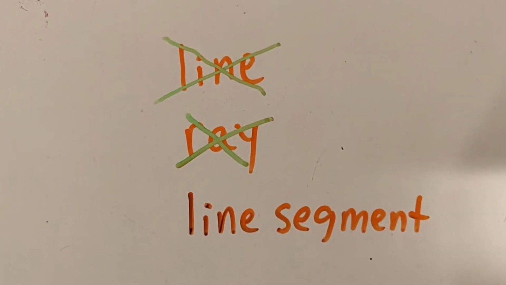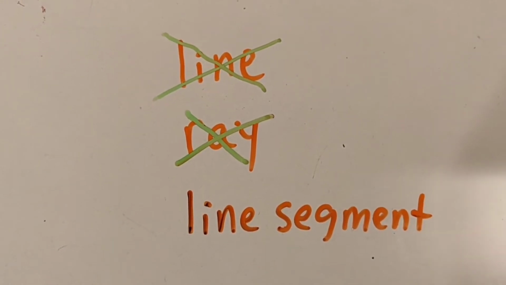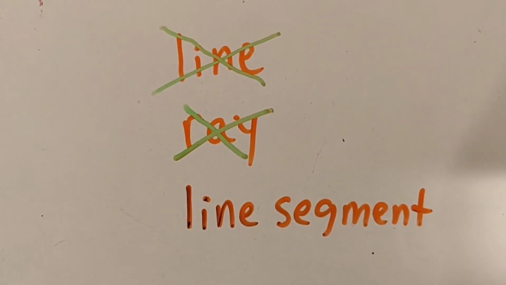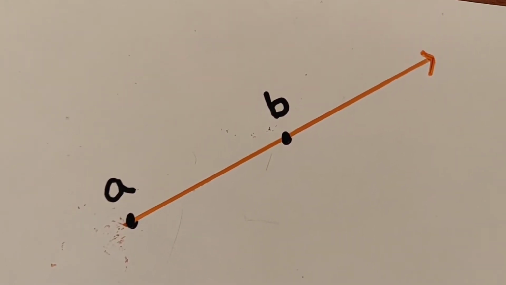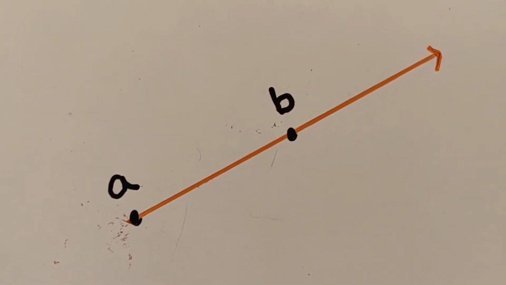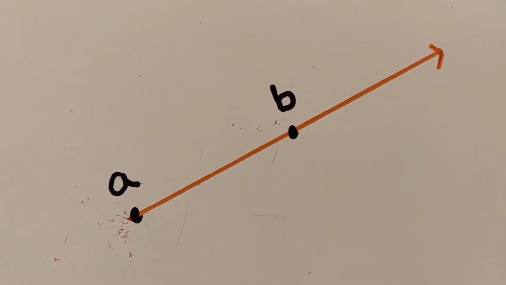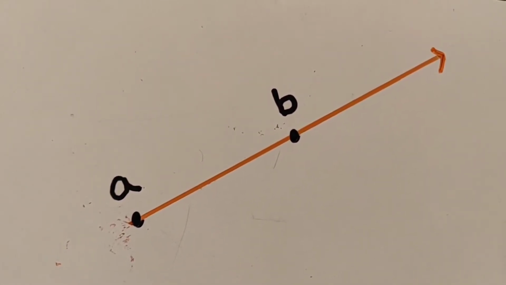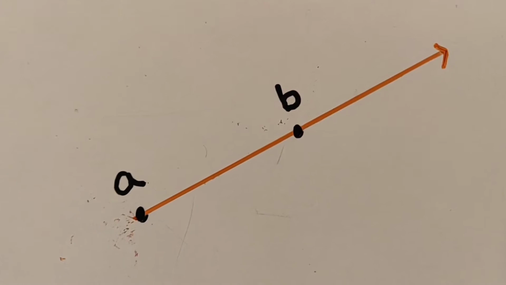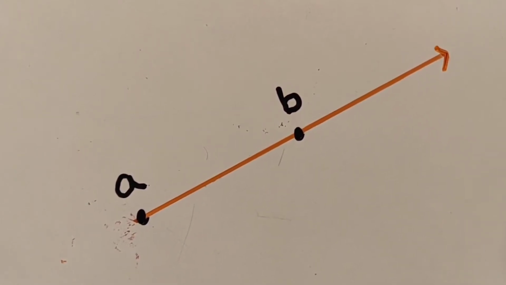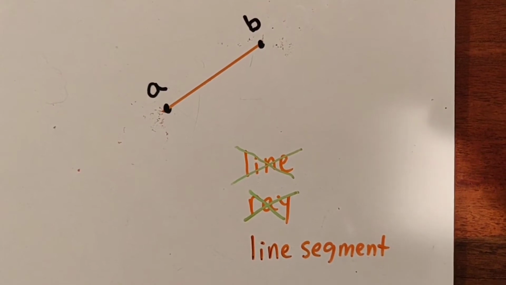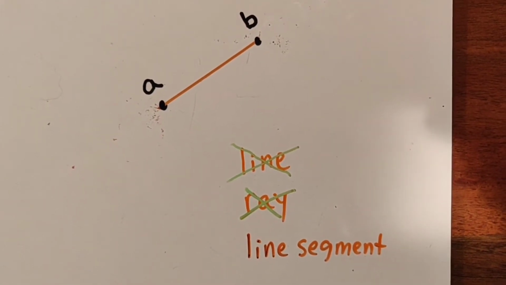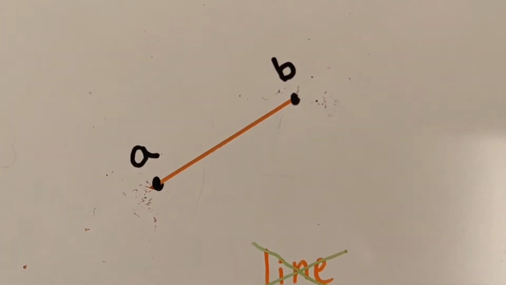But what's the difference between a line, a ray, and a line segment? Well, while a line goes in both directions forever and ever, and a ray goes in one direction forever and ever and ends at a point on the other side, a line segment, which means part of a line, ends on both sides with a point.